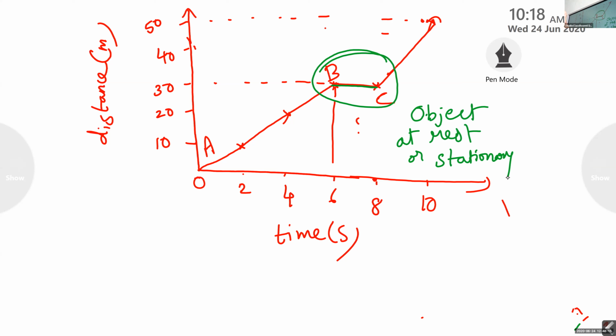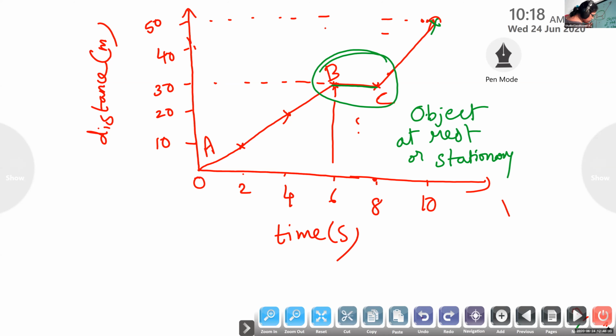Did you get that? See how many questions we are asking from one simple graph. The entire graph is non-uniform motion, but we divided it into different parts. Clear?